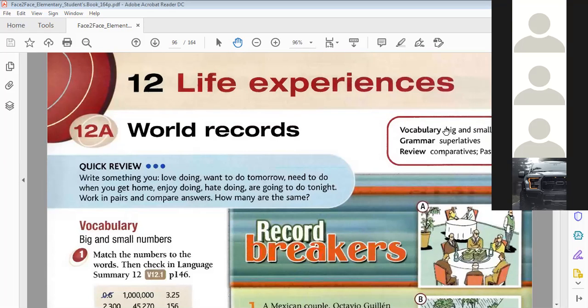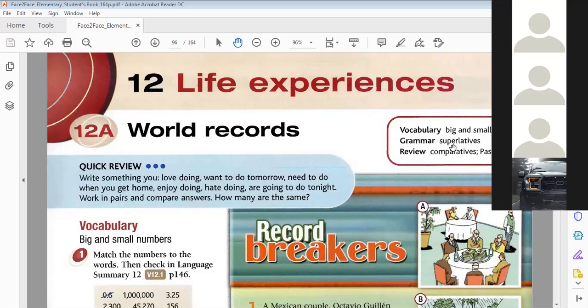We said Bangkok is more crowded than Phuket, Phuket is hotter than Bangkok, and Bangkok is more interesting, but Phuket is more beautiful. Do you remember? Yes. So all of that is called, of course, comparatives.